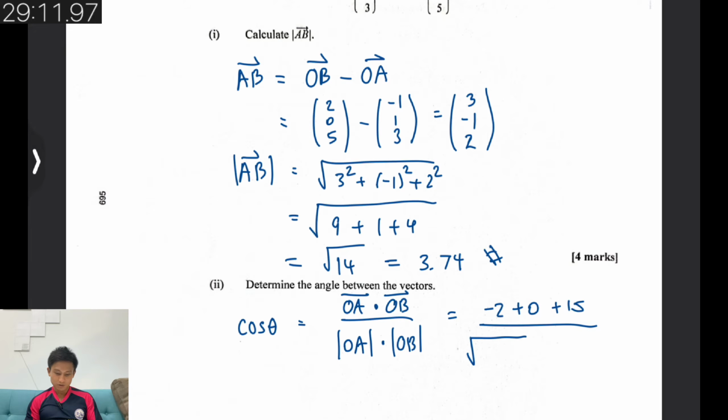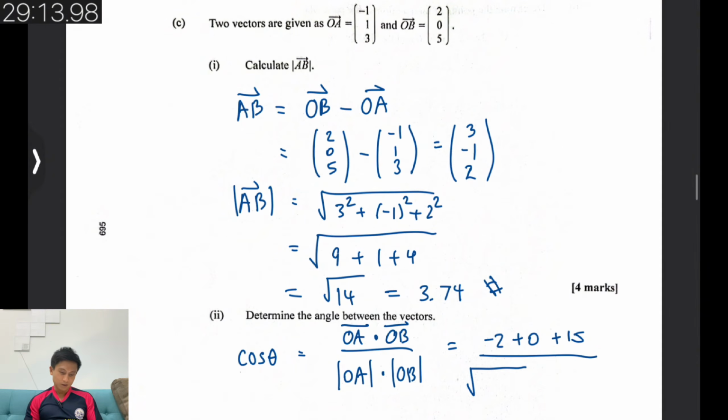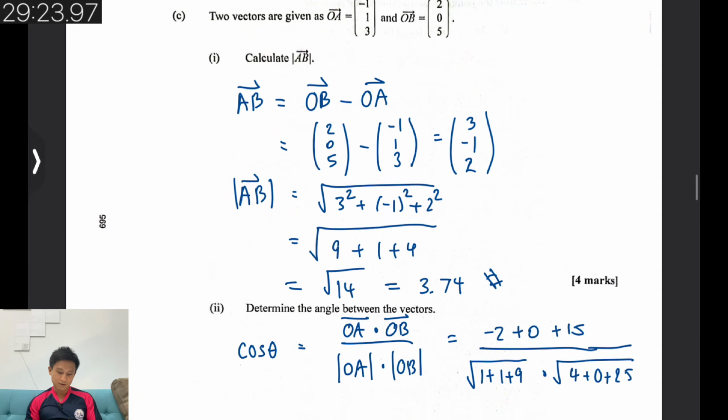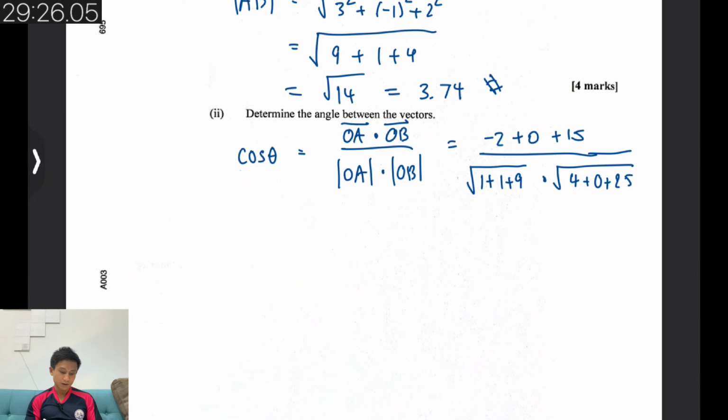So I'm just going to do Pythagoras there. Minus 1 squared is 1, 1 squared is 1, 3 squared is 9, times the square root for the other one. 2 squared is 4, 0 squared is 0, 5 squared is 25, yeah? So here I get cos theta, or I can do arc cos already. So theta is arc cos.